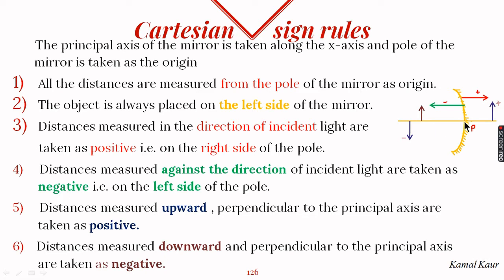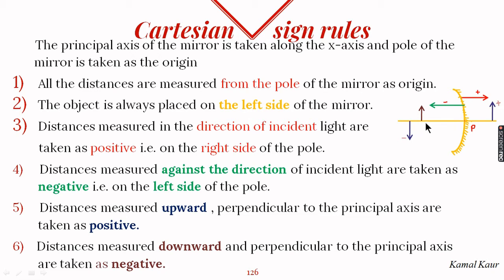And if we measure towards the right of the pole, it will be towards the direction of incident light, so it will be positive. A simpler way to remember it: from the pole towards the left is negative, from the pole towards the right is positive.